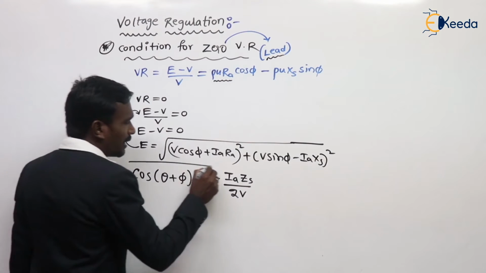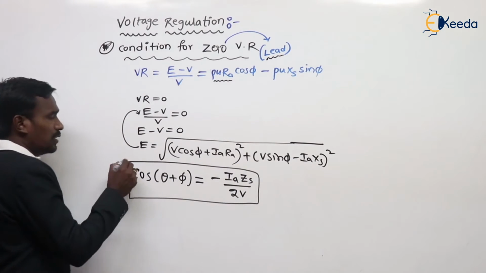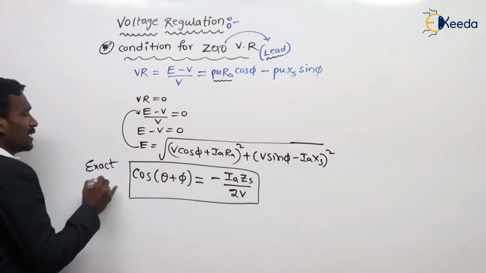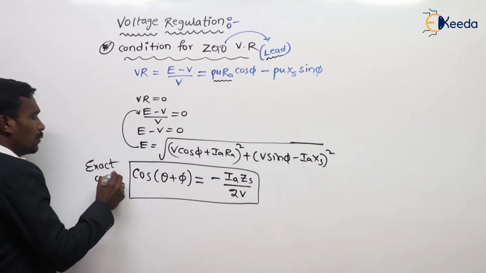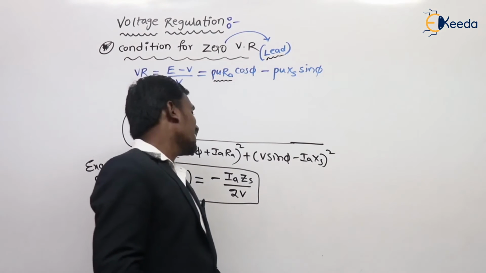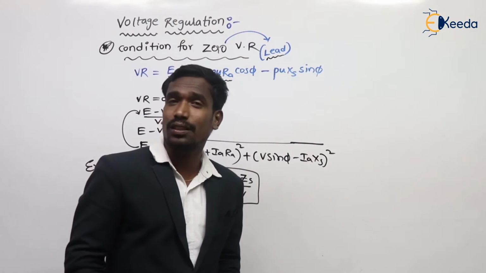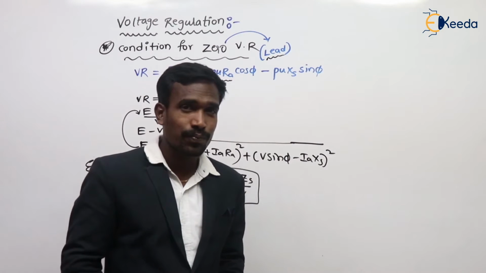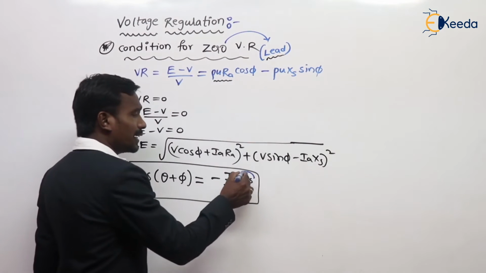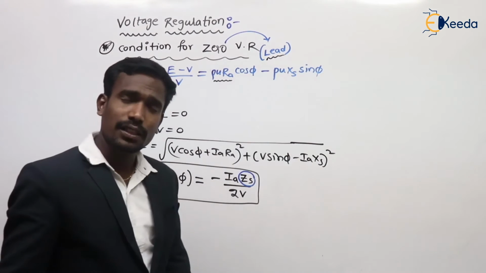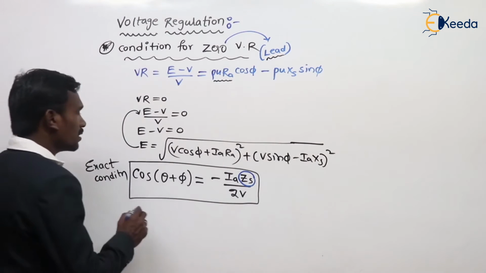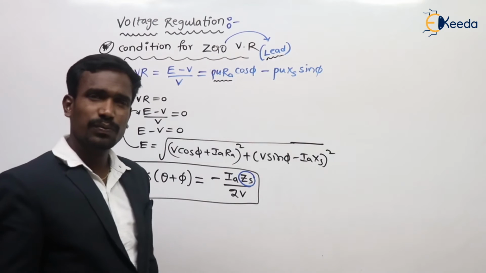This is the exact condition for zero voltage regulation. Very important. They already asked one GATE question on this formula. Be careful: if RA is 0, then you have to take XS here. If armature resistance is negligible, you have to take XS here. So this is cos of theta plus phi is equal to.